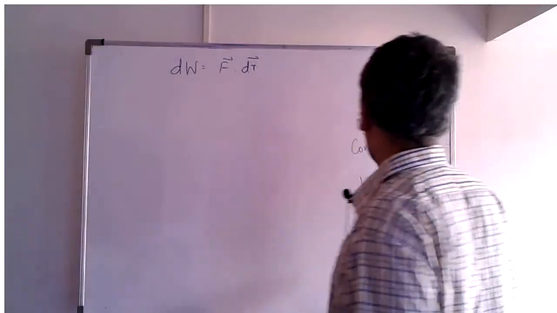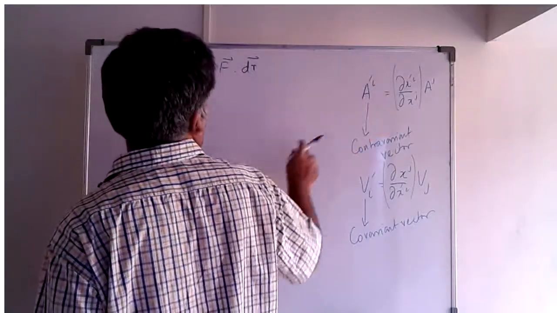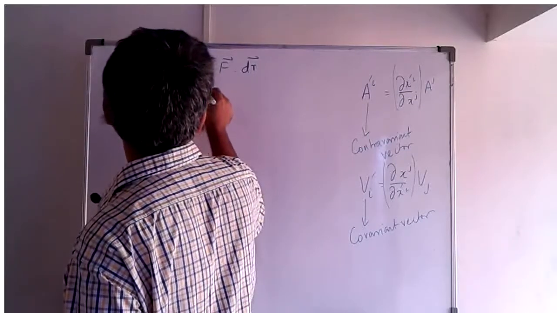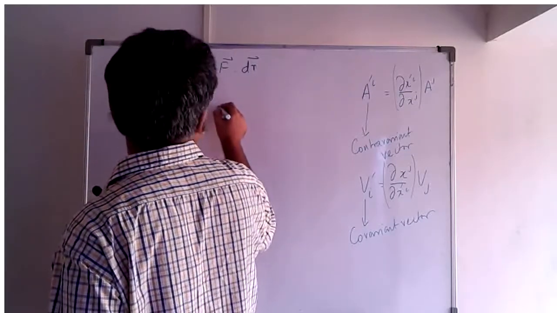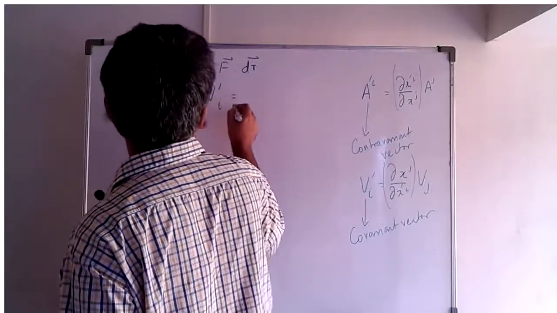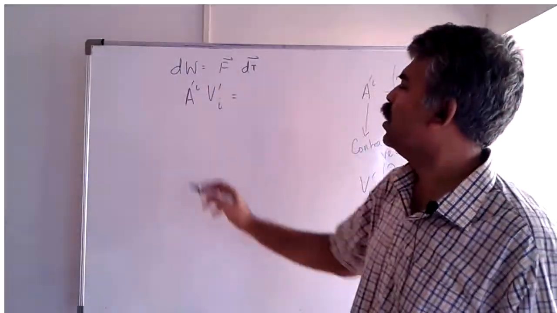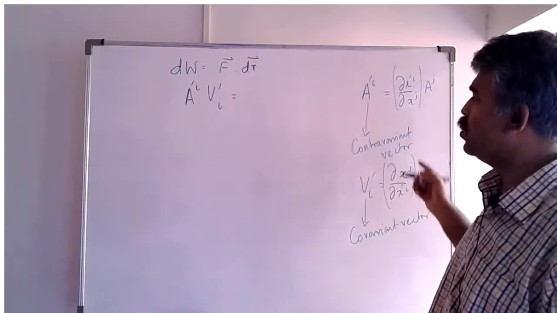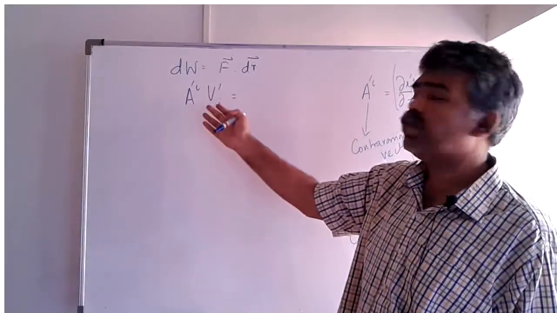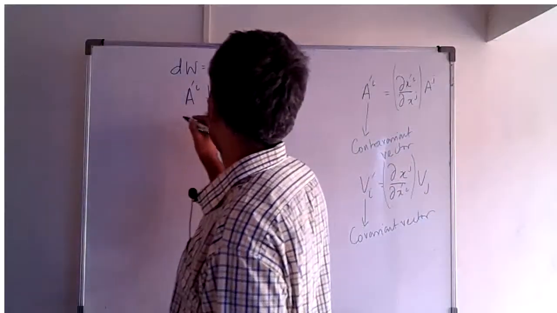So if I contract these two, this is some sort of a displacement, suppose A_i dot V_i, or A prime i dot V prime i. This should be a scalar quantity. So how shall I contract these two? This should be invariant, meaning whatever it is in the unprimed frame, it will be the same in the primed frame.